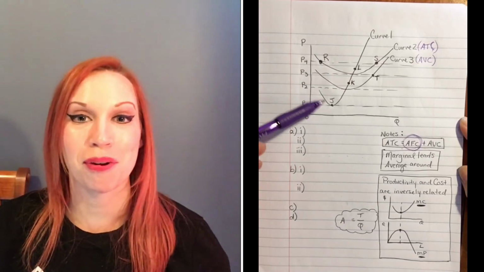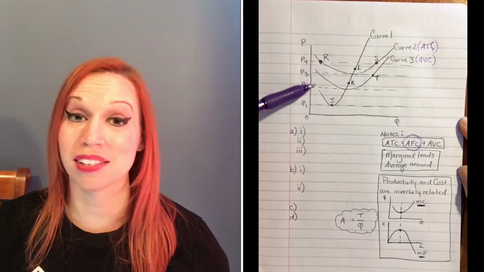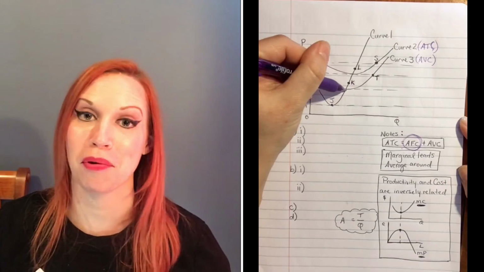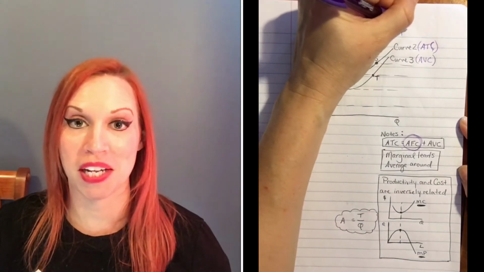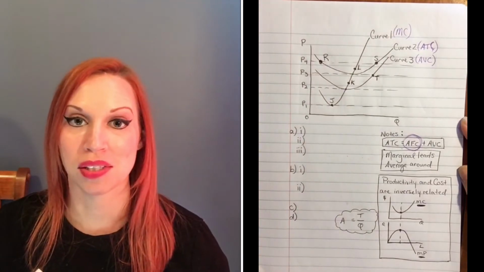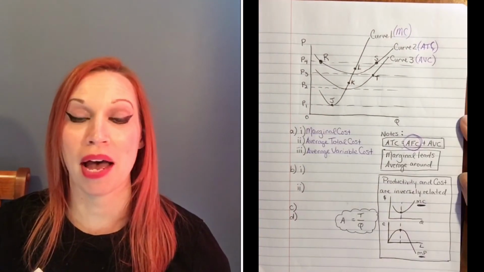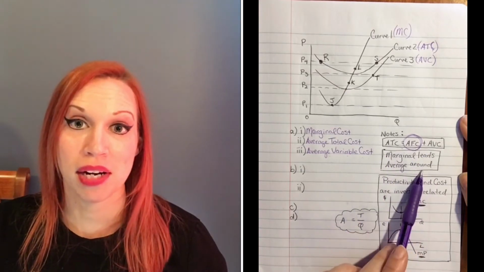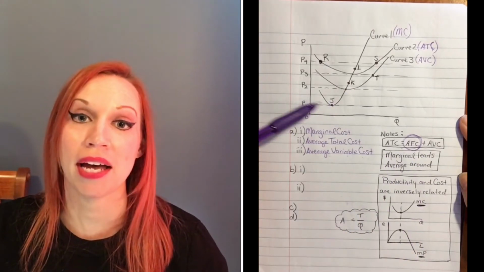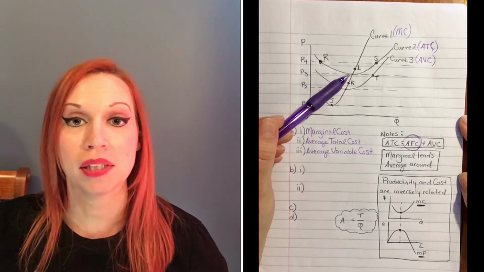And then we have our big dramatic Nike check that is going right through the minimum points of those two average curves. That is going to be curve 1. That's marginal cost. Remember, we had a big discussion about how marginal leads average around. If your next test grade is below your average, it's going to drag your average down. Well, look at this picture.